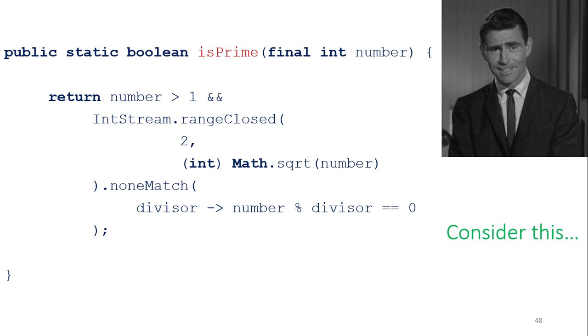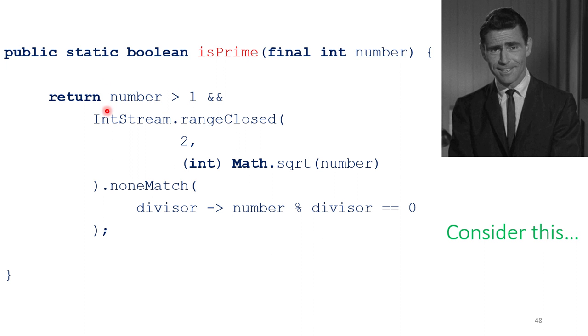All right, so let's take a look at an example, and we're going to use the generation of a list of prime numbers. We start with a static method isPrime, which takes a number and tells us true or false whether this number is a prime number or not. So how do we do this? We return a Boolean expression.